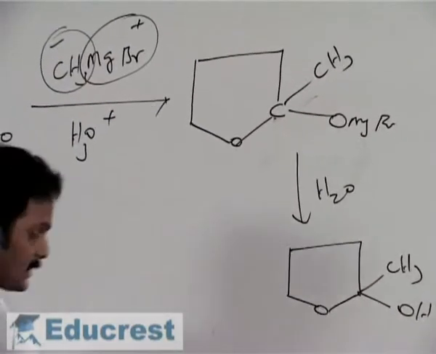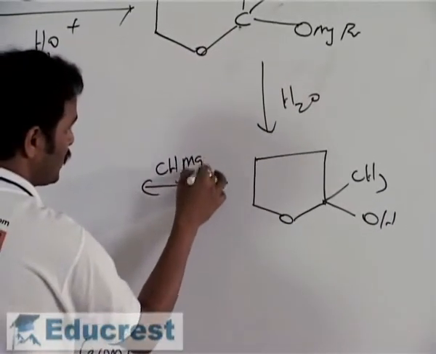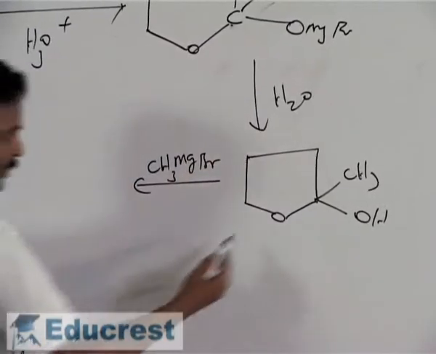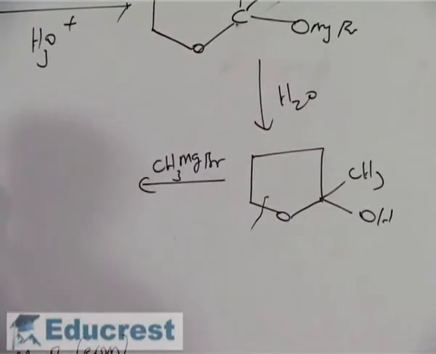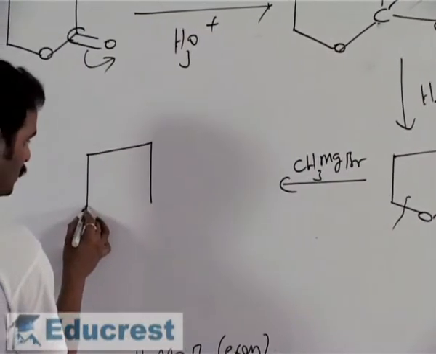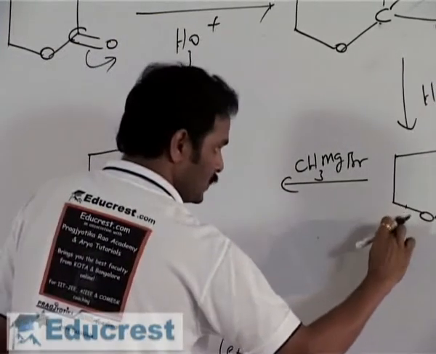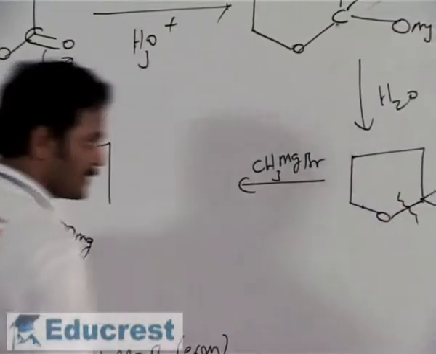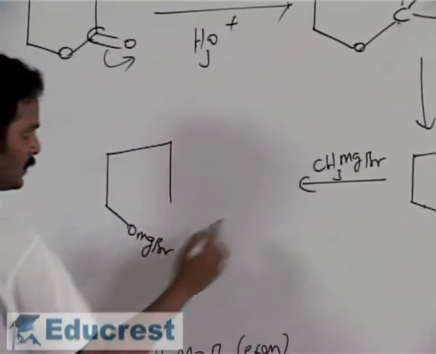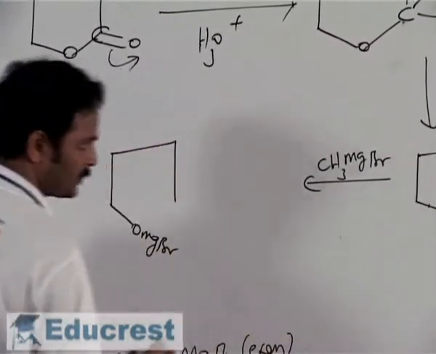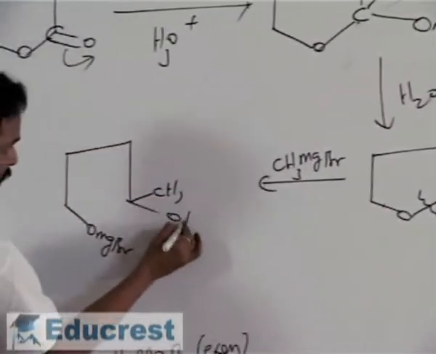Now here it is given as excess, and hence it reacts with another mole of CH3MgBr. Now ether cleavage takes place and leads to the formation of OMgBr. Bond cleavage takes place here and gives rise to OMgBr. Next, this is minus, and this carbon already has CH3 and OH.